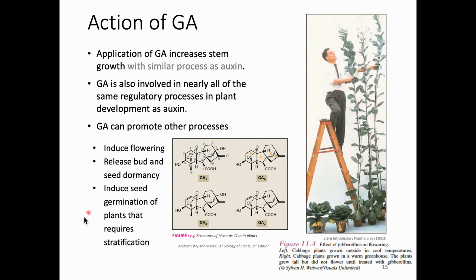So the next function is to induce seed germination in plants that require stratification. Stratification is the process where the plants require a cold treatment before germination. Without cold treatment, these plants can still be induced to germinate by the action of GA.